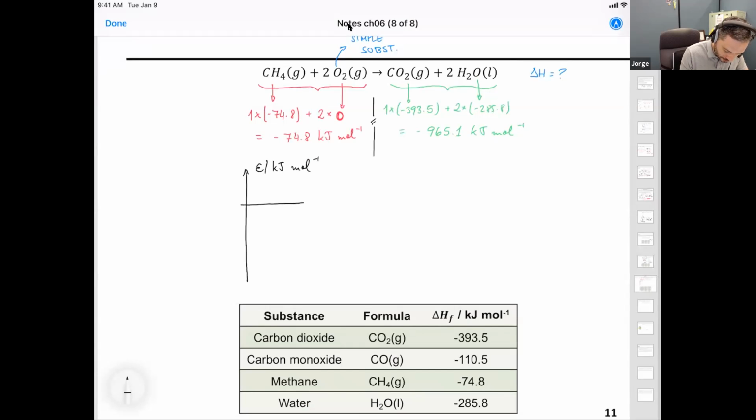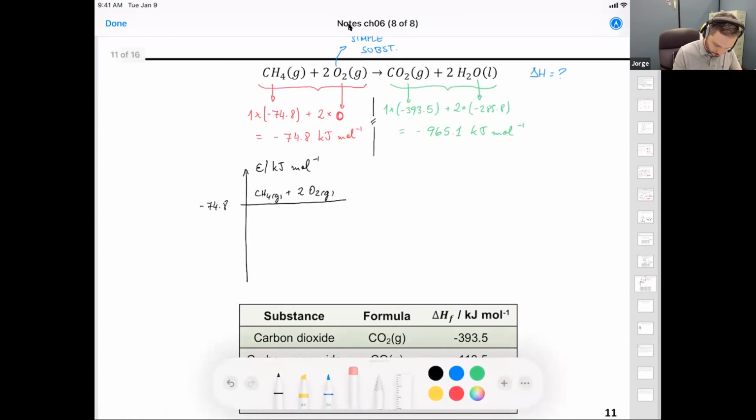We started the reaction with methane and 2 moles of oxygen. We know that the energy level is minus 74.8 from the enthalpy of formation.